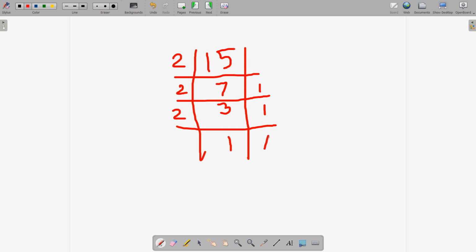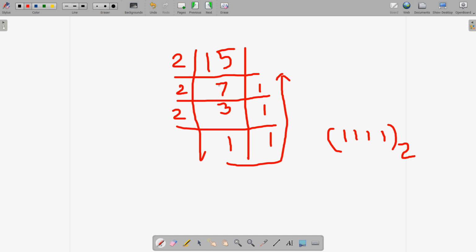Okay, clear? So now what do we have to do? We have to arrange this in the opposite direction, from bottom to top. Now what will be the answer? It will be 1 1 1 1. These are the 4 ones, and this is the binary equivalent, so you can make a bracket and write 2 at the bottom.